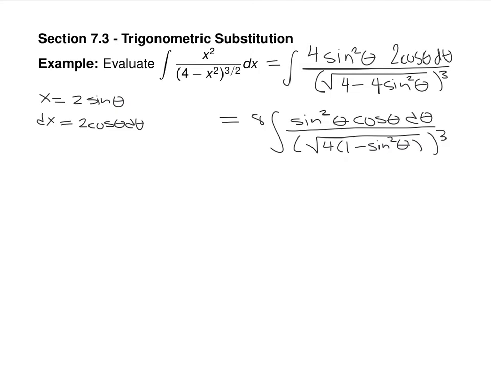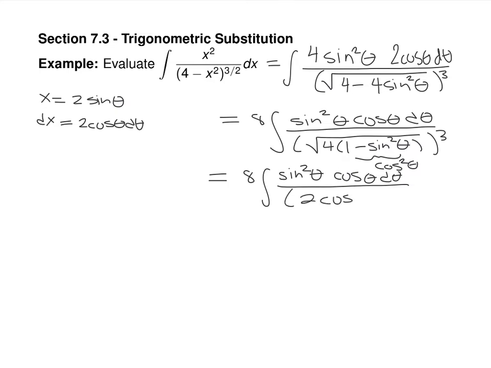So that 1 minus sine squared is equal to cosine squared. So inside the cubed, we have 2 cosine theta, the quantity cubed. Notice that that 2 cubed makes 8, thereby canceling the 8 in the front. And this cosine cubed will cancel with one of those cosines, giving us just the integral of sine squared theta over cosine squared theta d theta.